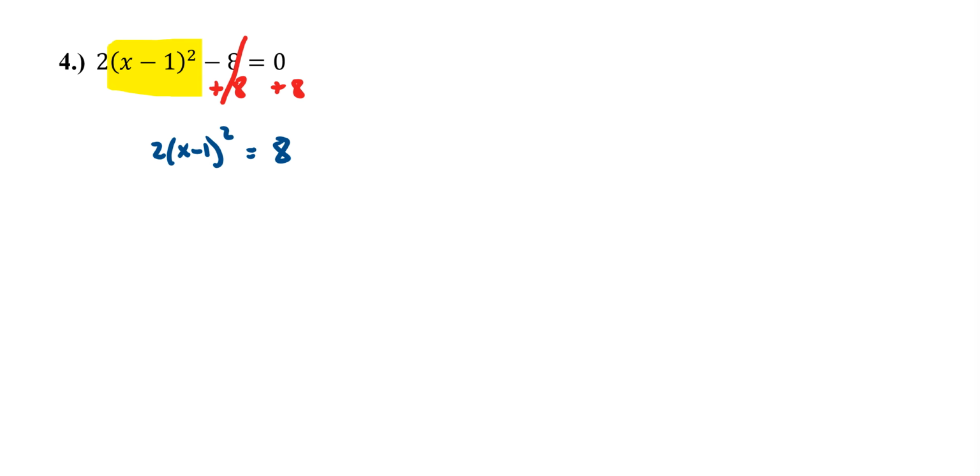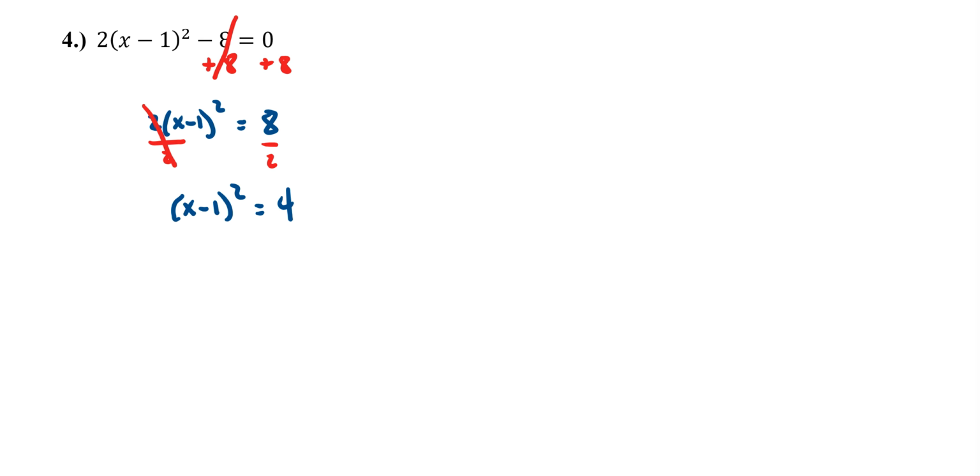And before you take the square root of both sides, we still have to get rid of this 2, and we have to do that with division because it's being multiplied. Divide both sides by 2. We get (x minus 1) squared equals 8 divided by 2 is 4. So I like to think about that as your step 1. And then just like we did a few examples ago, we just solved for the term that is squared, even though it's a little bit different looking.